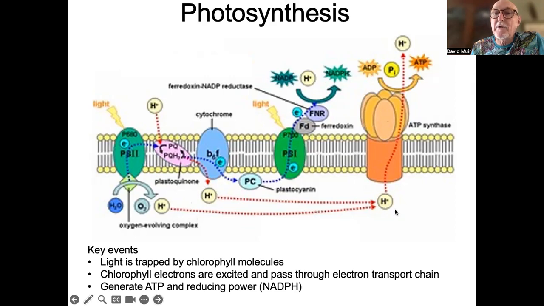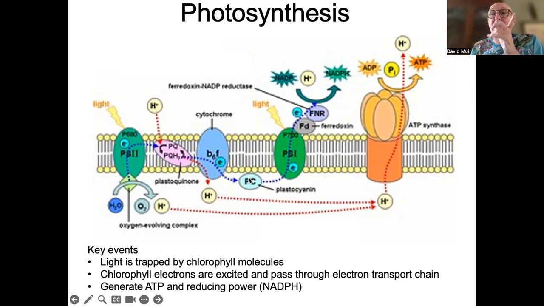We allow those protons to flow through to equalize on both sides, and we harvest the energy from those protons as they pass through the ATP synthase, and we produce ATP. Not very much. Okay, this is not very much.